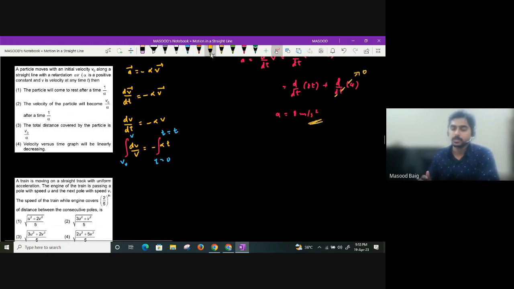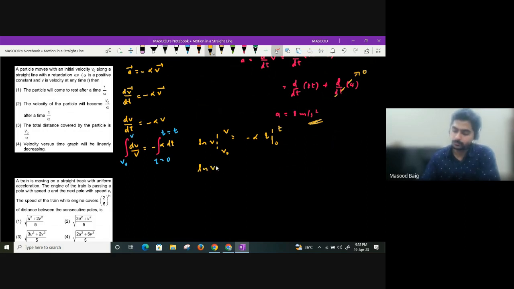So integral dv by v will be ln v, from v naught to v, should be equal to minus alpha into integral dt, from 0 to t.